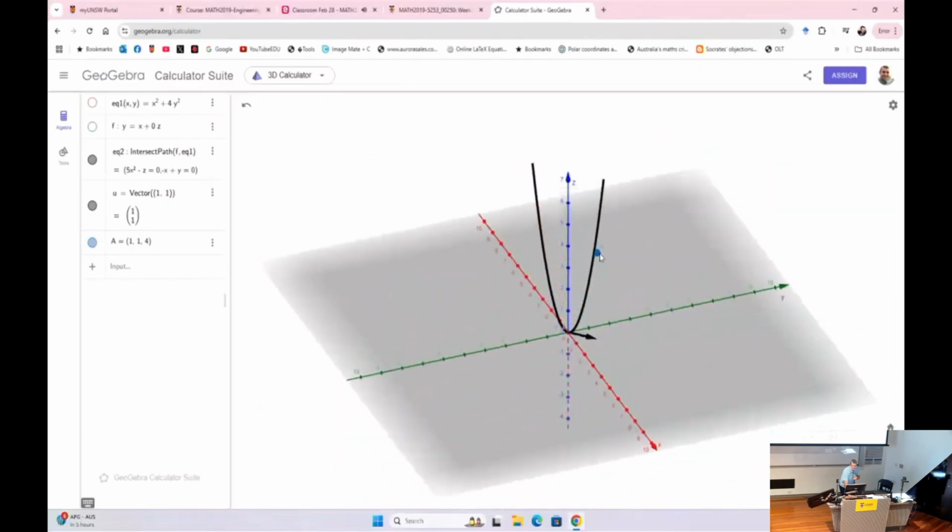So we want the slope of that parabola, the slope of the tangent at the point A. That's what you're doing when you're calculating these directional derivatives. If you can picture it in your mind or on your screen, that's what you're doing.